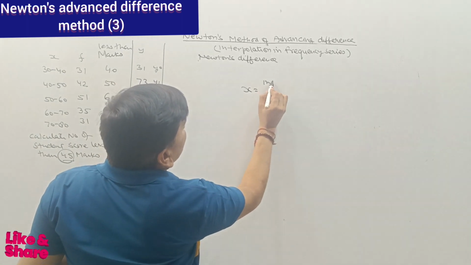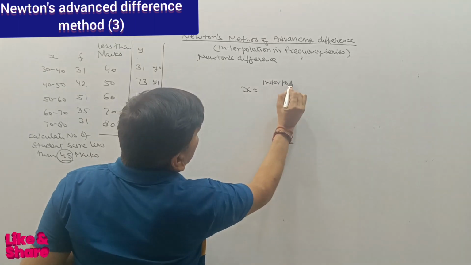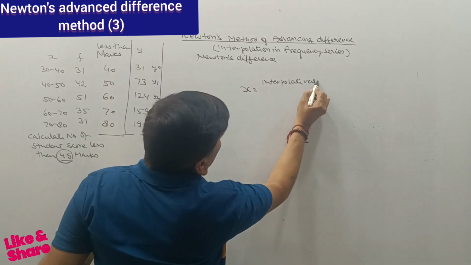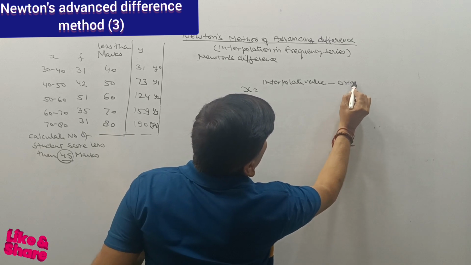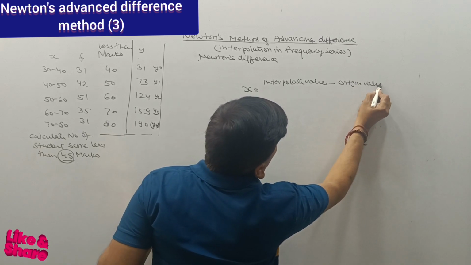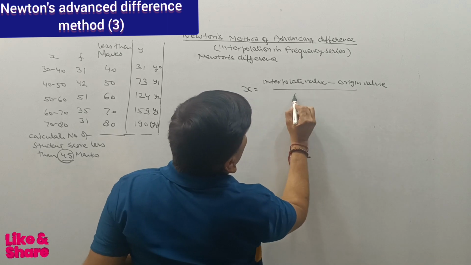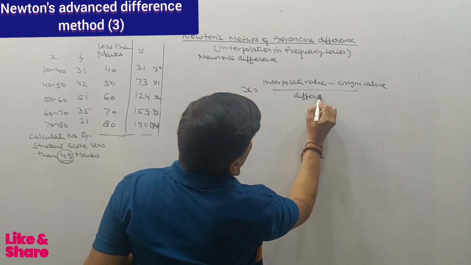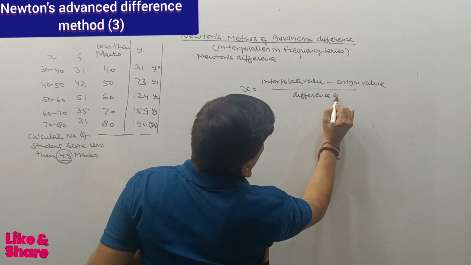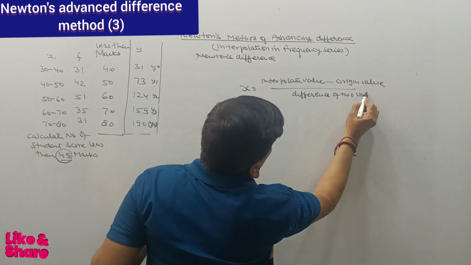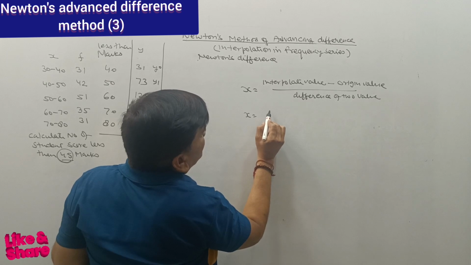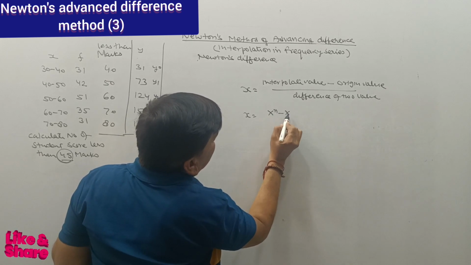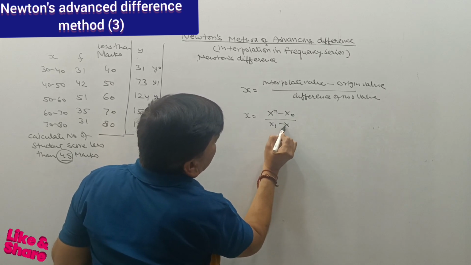The interpolated value minus the origin value, divided by the difference of two values. Or we can say that x is (xn minus x0) upon (x1 minus x0).